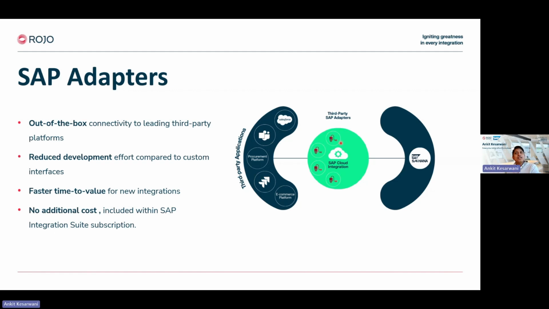And if I'm using the SAP adapters, which are available out of the box, I'm taking the highway without any toll booth. So it's direct connectivity, more efficient, and the fastest route which I'm taking to reach my destination. So that's how I would like to sum it up. By using SAP adapters, we are reducing the time, we are reducing the cost also, and it is easier from an operation standpoint as well. And we will also see it in action when I demo it using the SAP AI adapter.